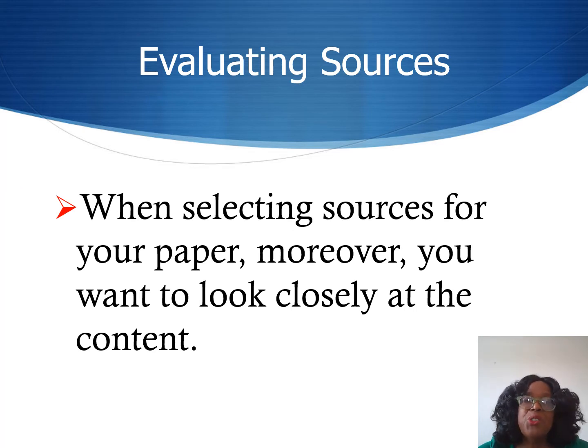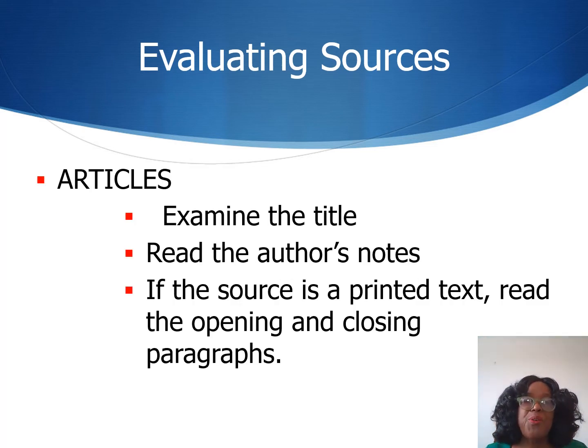When selecting your sources for your paper, you want to look closely at the content. Example, an article. Examine the title of the article. Read the author's note or the author's short bio. If the source is a printed text, I always read the first paragraph and the last paragraph, and I evaluate those.